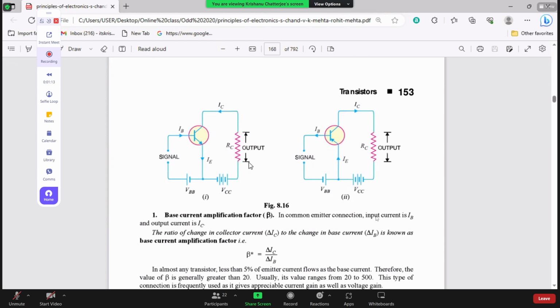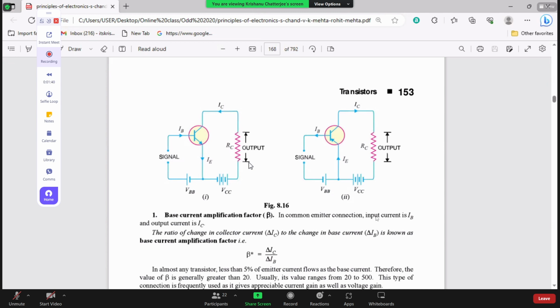So basically, a transistor is used for amplification. In most cases, the transistor is actually used for amplification. We have seen one amplification factor in case of common base, which is alpha.